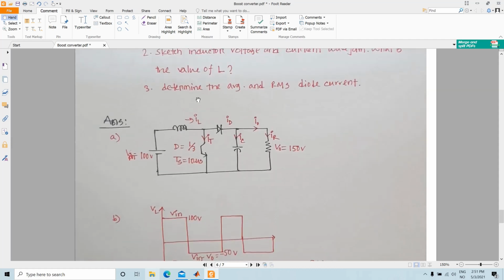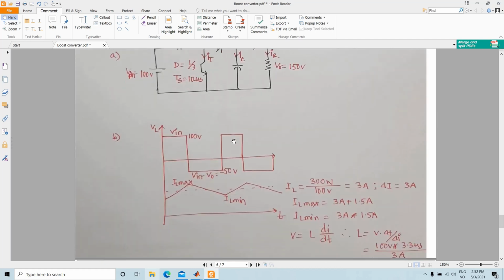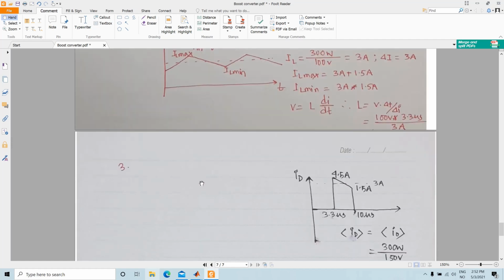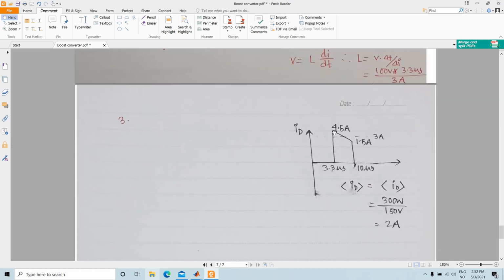So the third question says determine the average and the RMS diode current. This is the current that is flowing through the diode, which is actually this current. When the current slope is falling, this is the diode current, and during the on time the diode current is 0. So the wave shape is something like this.